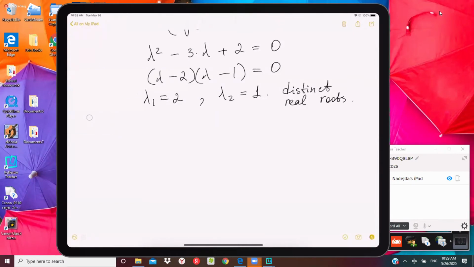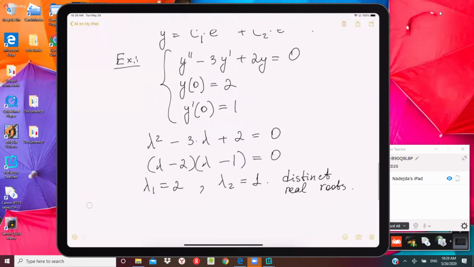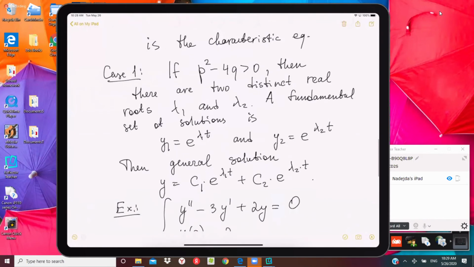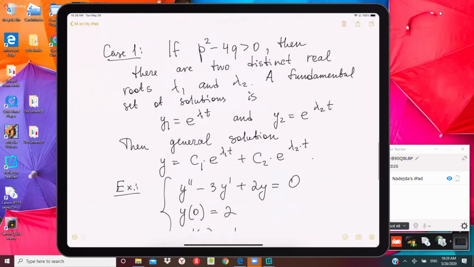So any questions so far? So again, the first step is to build the characteristic equation and find the roots. In this case, we have distinct real roots. And since we have distinct real roots, a fundamental set of solutions is given right here. This is the fundamental set of solutions, y sub 1 and y sub 2.